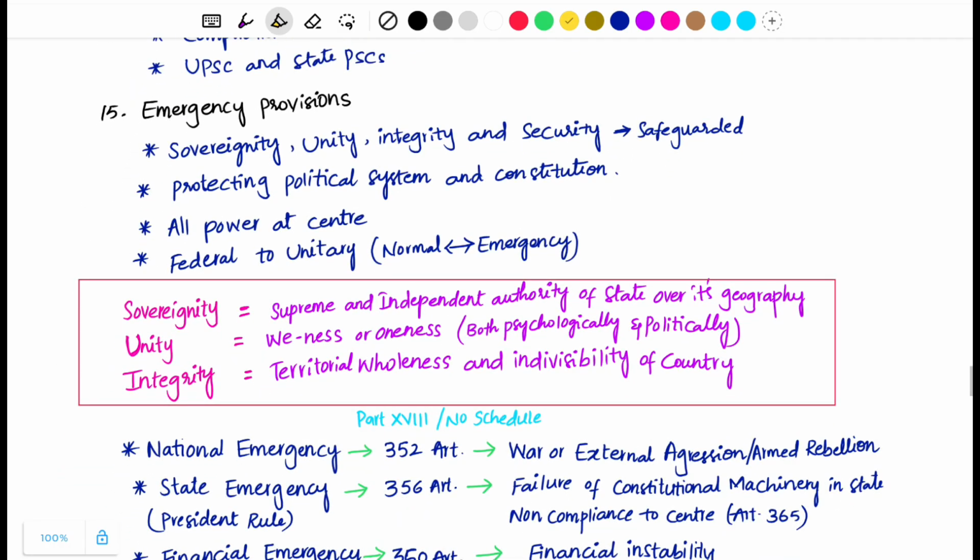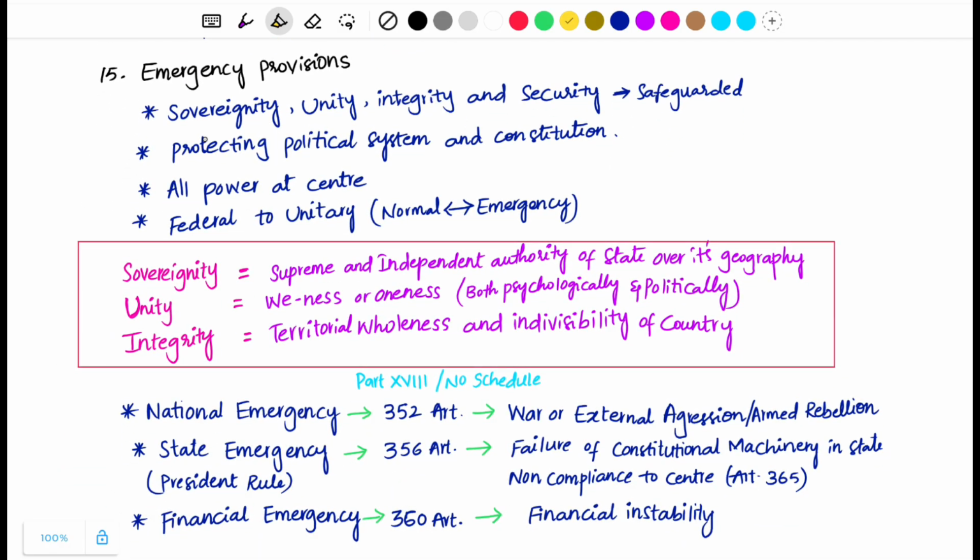The 15th feature is emergency provisions. To protect the sovereignty, unity, integrity and security of the country, the Constitution gives the provision of emergency. Whenever there is a threat to the sovereignty, unity, integrity and security of the country, the emergency provisions are invoked to protect ourselves.